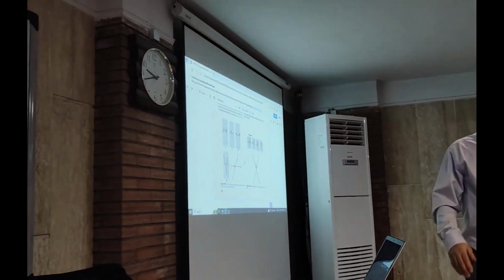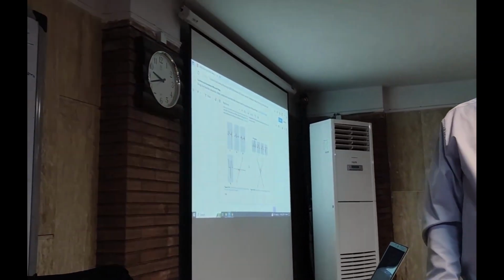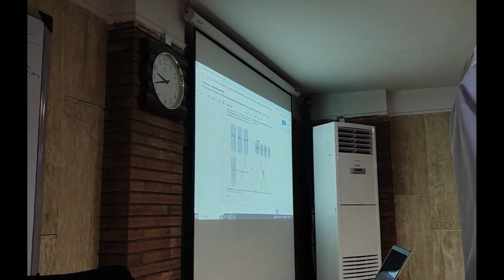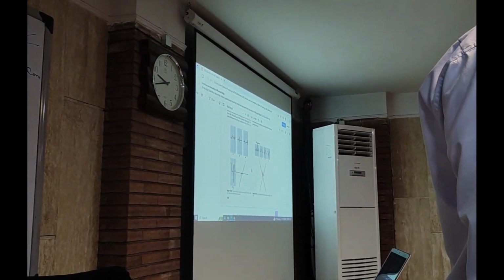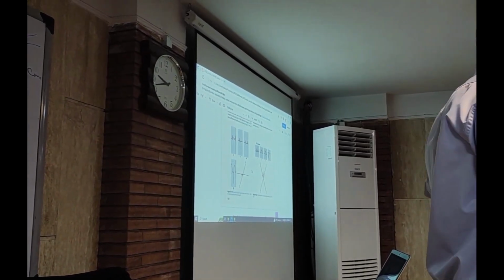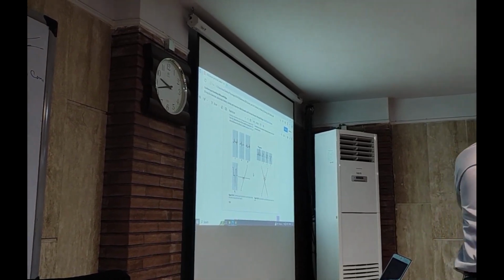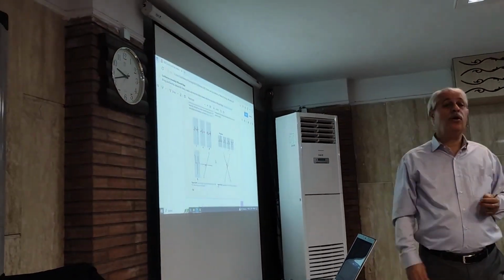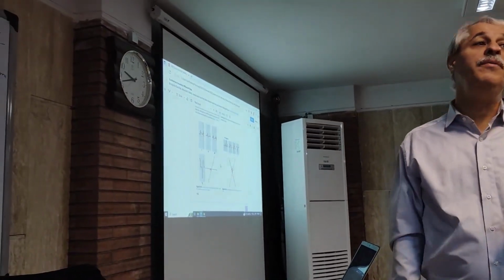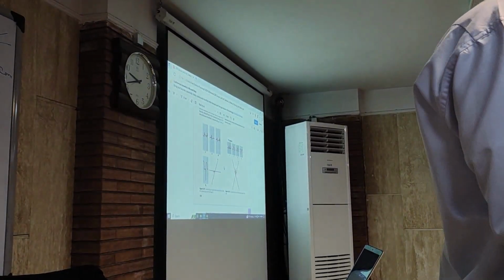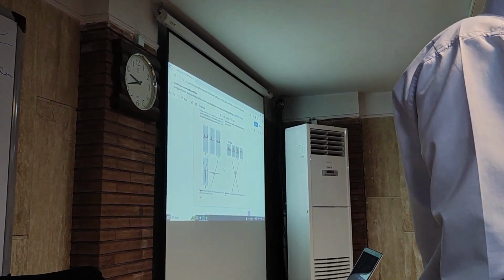In myocardial infarction, if it is in acute phase, in Tehran, there are quite a few centers that are equipped with angioplasty centers.